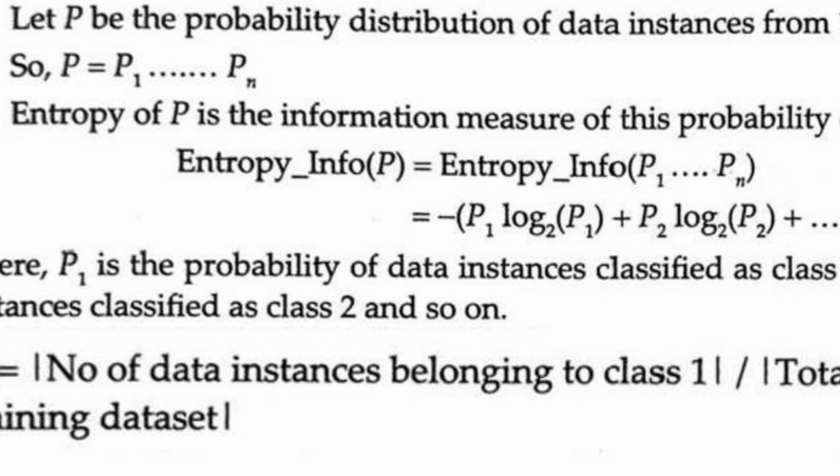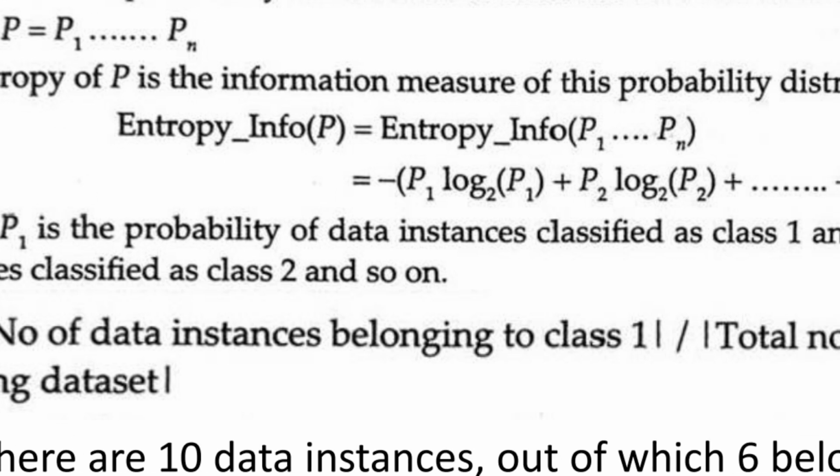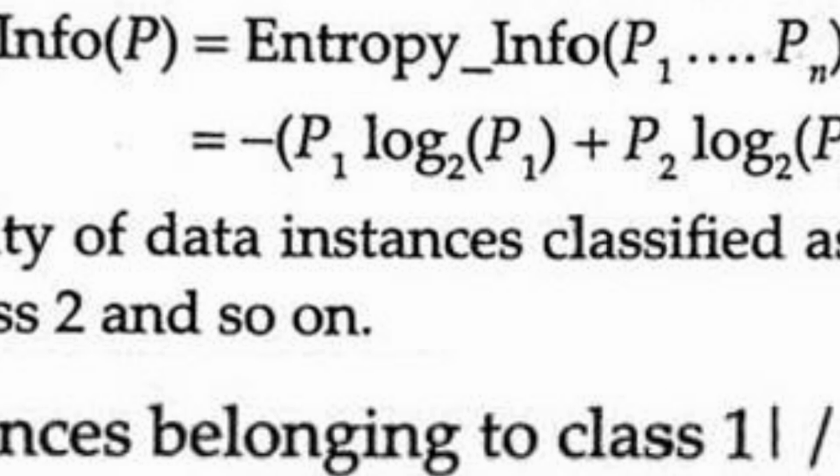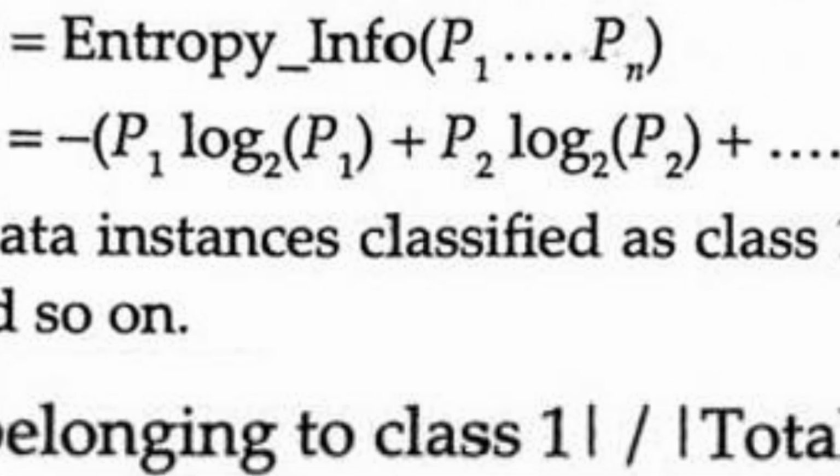Total entropy is the summation of entropy of each event, computed as minus P1 times log base 2 of P1. So don't forget to put the negative sign. Summation of everything: minus the summation of Pi log base 2 of Pi.